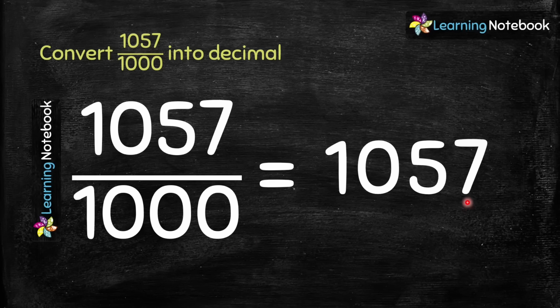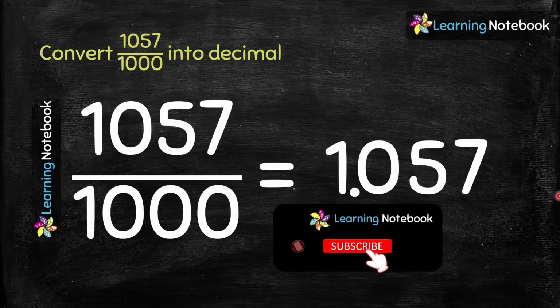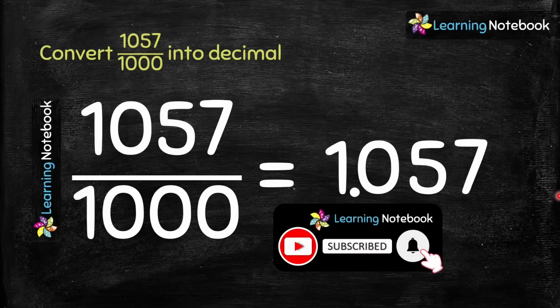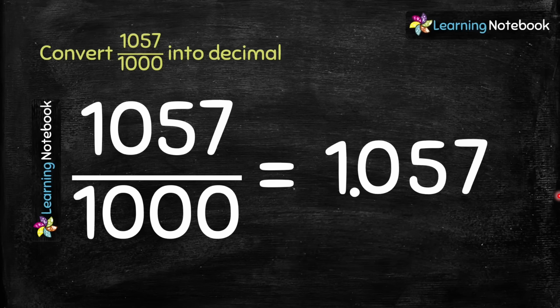So count from right 1, 2, 3 and put a decimal point here. So we have got the answer as 1.057. So students, this is how we convert a fraction into decimal.